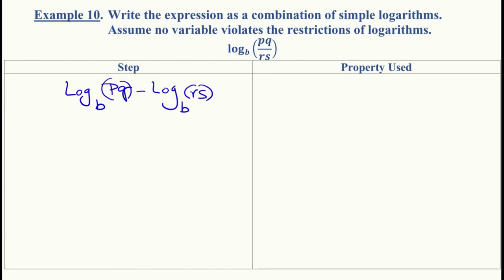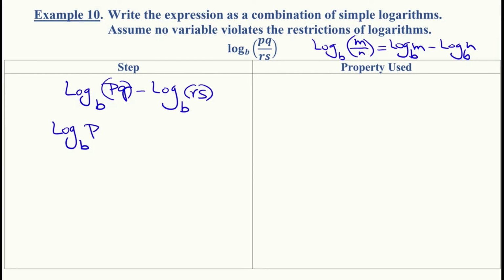And of course, we're using the fact that log base b of m over n equals log base b of m minus log base b of n. So now we notice that we have two products that we can deal with. So we have a log of a product here and a log of a product here. So the first one gives me the sum of the logs.